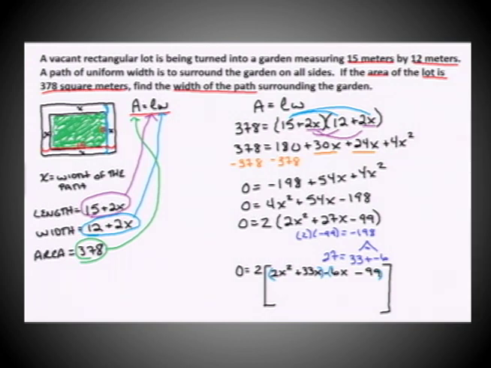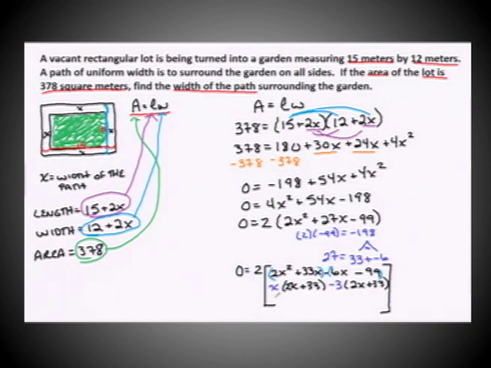And now I'm ready to pull a GCF out of each of those. So the GCF of the first two terms is x. And when I divide that out, I'm left with 2x plus 33. And the GCF of my second two terms is -3. And when I divide that out, I get 2x plus 33.